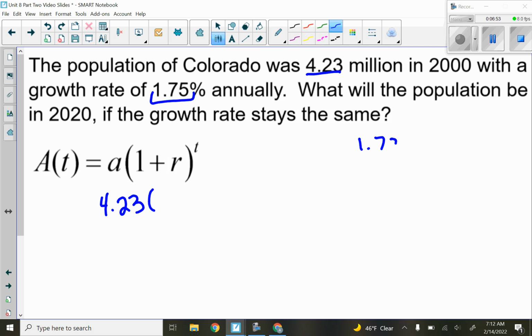So 1.75%, if I move the decimal twice, is 0.0175. And then t from 2000 to 2020 is 20 years. So a very similar formula.